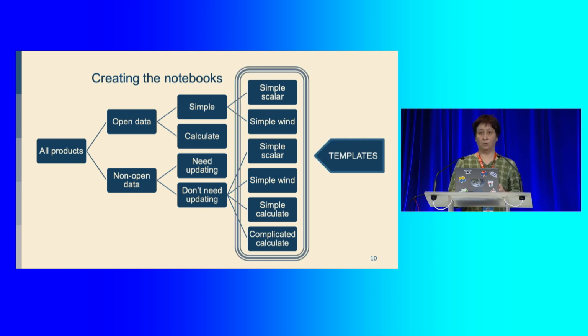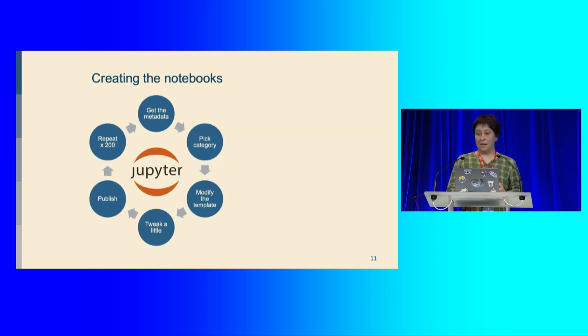And then make a template for each case. All the information about producing the products is in a MongoDB database. So I take the metadata, I pick in which category, which template I will use, I modify the template, tweak it a little, and publish, and then repeat it 200 times.